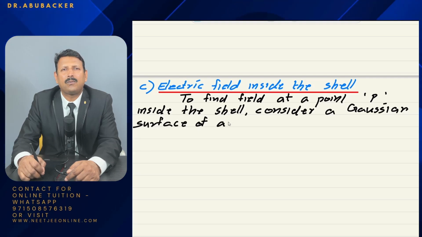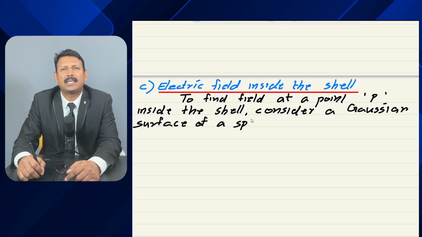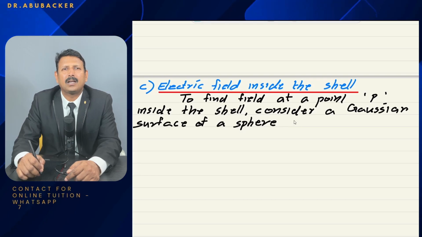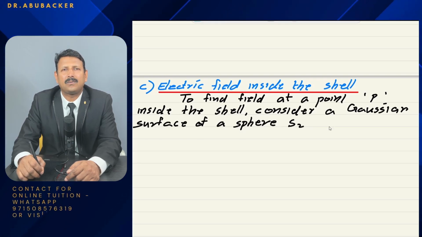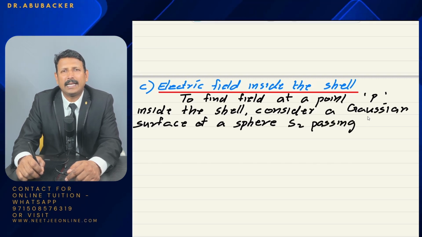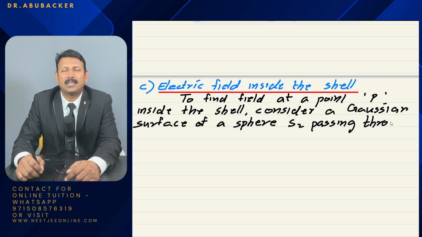To find the field at a point P inside the shell, consider a Gaussian surface of sphere S2, simply labeled S2. This imaginary sphere is inside the existing sphere.